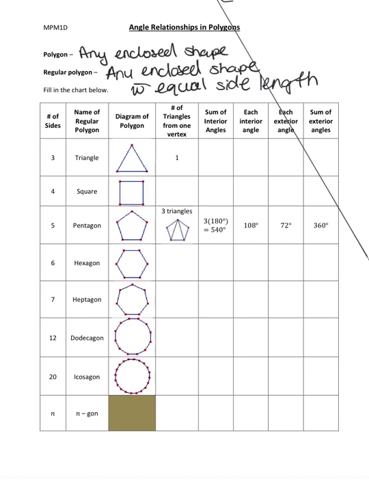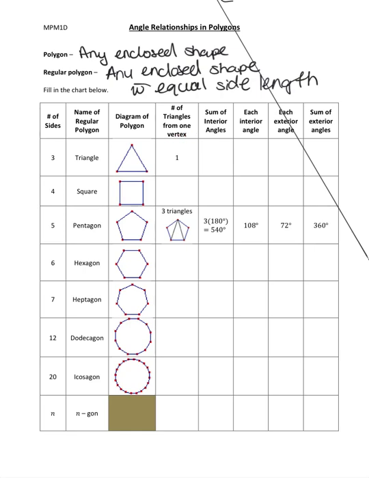All right, so let's go through this chart here, and you should have found something kind of similar when we were talking about the sides between 3 and 10. Let's go over these words again.